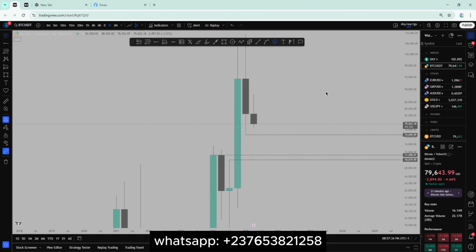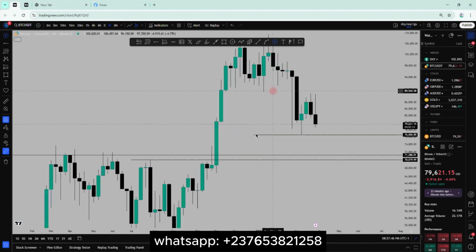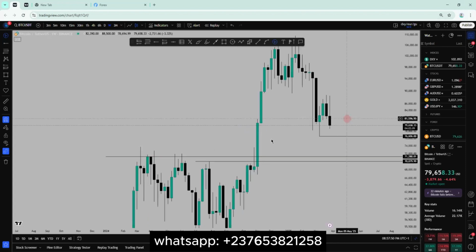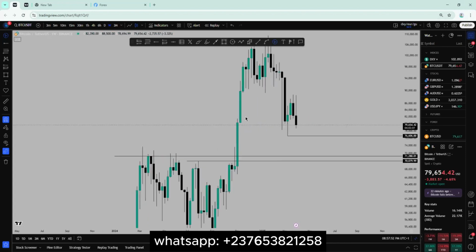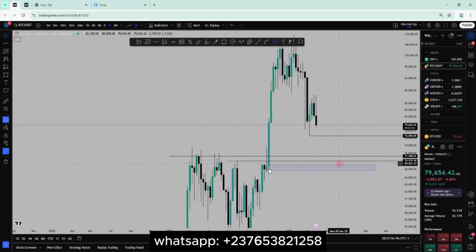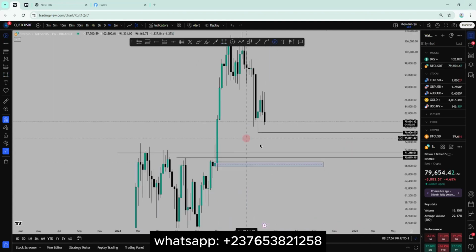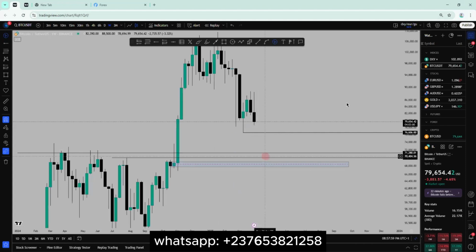Maybe from there it will still drop lower, I don't know. But that's our target, all right? 76,600, which is actually this low. So this low is going to be taken out to fill that fair value gap, and we have this area here. So more lower prices to that.